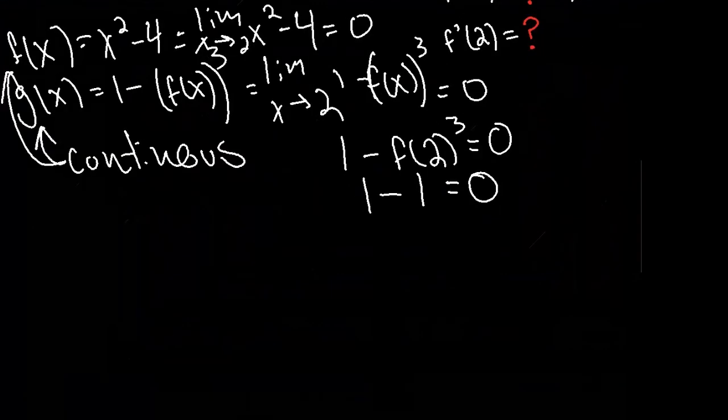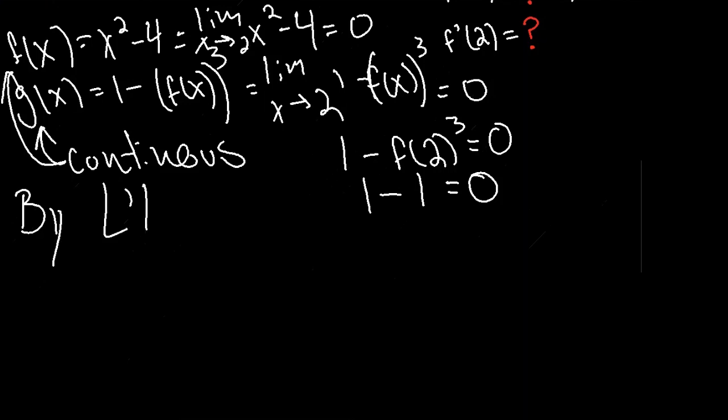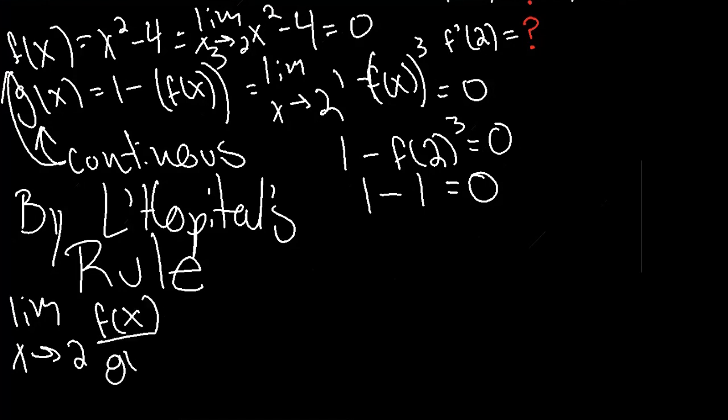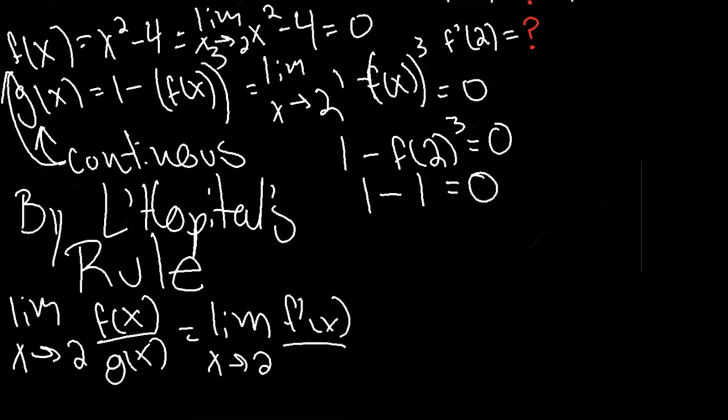Because they're continuous, we can say by L'Hopital's rule that the limit as x approaches 2 of f of x over g of x is going to be equal to the limit as x approaches 2 of f prime of x over g prime of x.